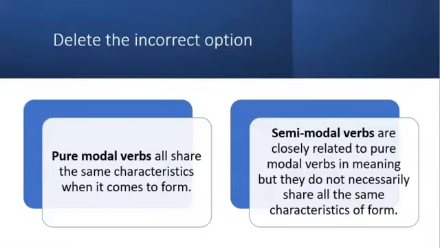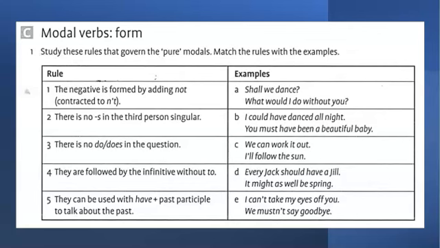What we know is that pure modal verbs all share the same characteristics when it comes to form. The semimodal verbs are closely related to pure modal verbs in meaning, but they don't necessarily share all the characteristics of form. What do we mean by this? Well, for example, pure modal verbs, here are the rules.